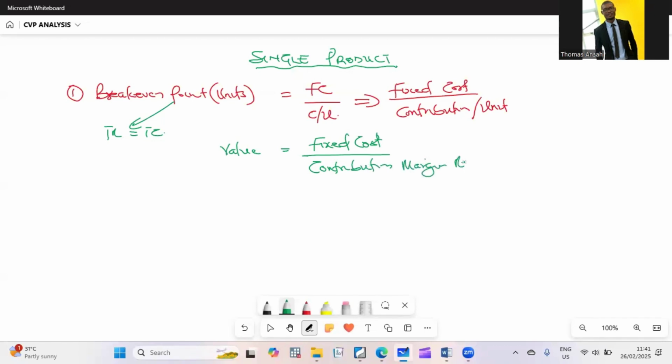Now we've done how to do marginal costing and absorption costing. So when we say contribution, what do we mean by contribution? And when we say contribution margin, what do we mean by contribution margin? You need to get the understanding of these things. Now, contribution.